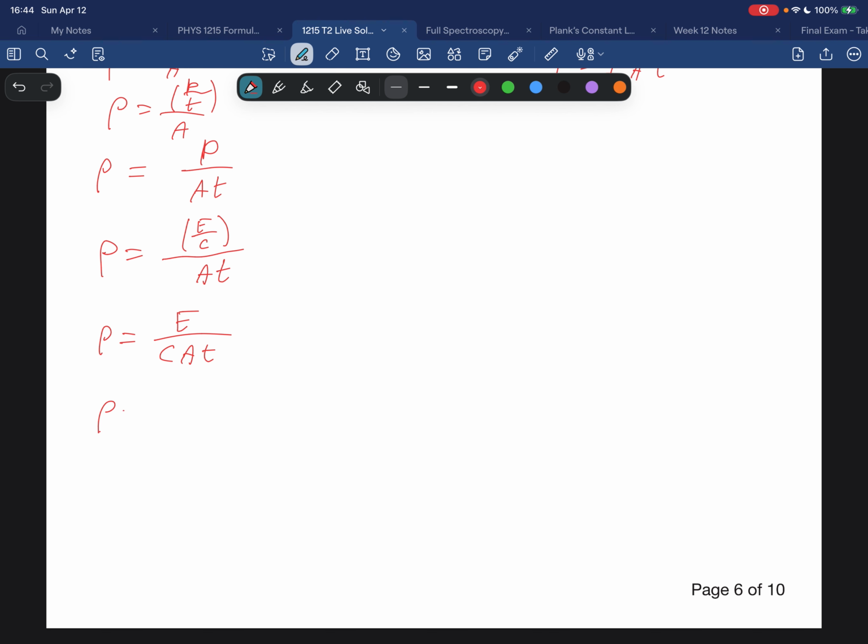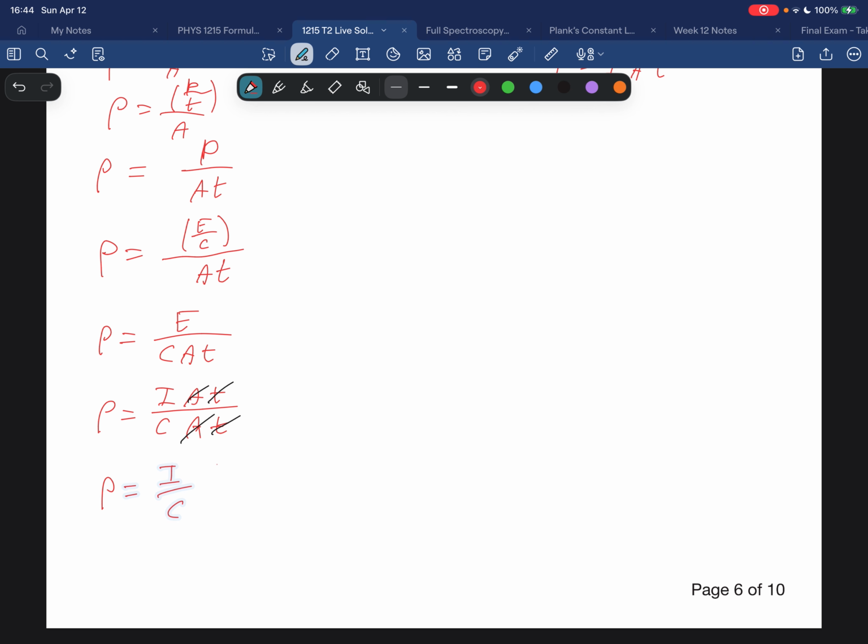And I know that energy is equal to I A T. Great. So now I have time and area on the top and bottom, so they cancel out. So radiation pressure is only dependent on the intensity of the light.